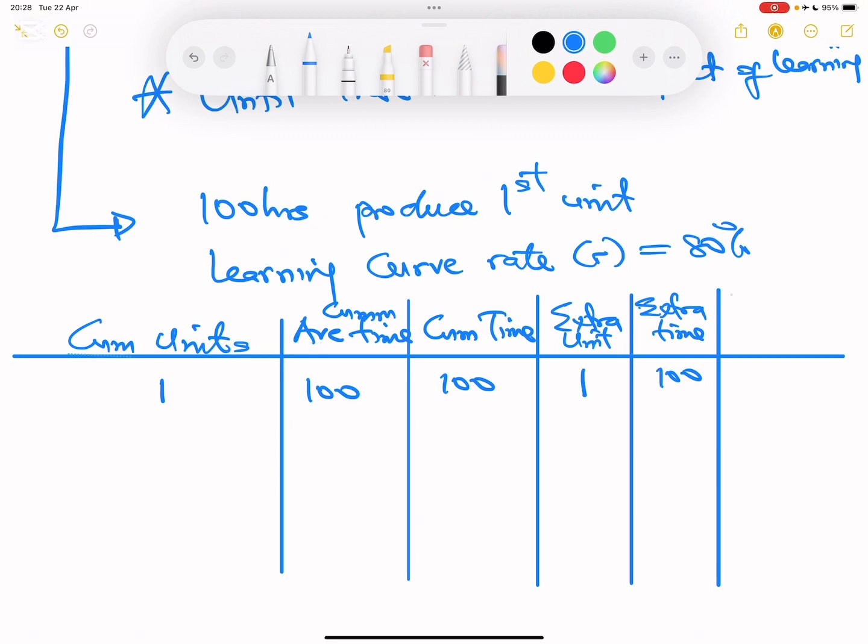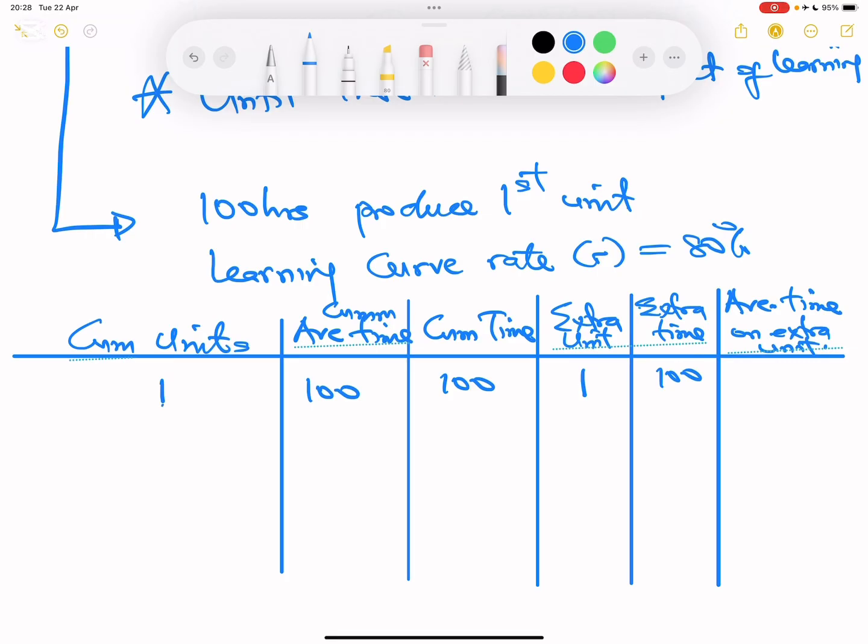And we have the average time on the extra unit. I want to use this table to explain learning curve to you so that even when you start using the formula, you understand what you're calculating, because it's extremely important you're able to apply the formula. However, I want you to understand what we're talking about first.